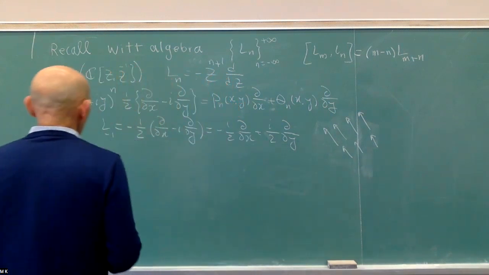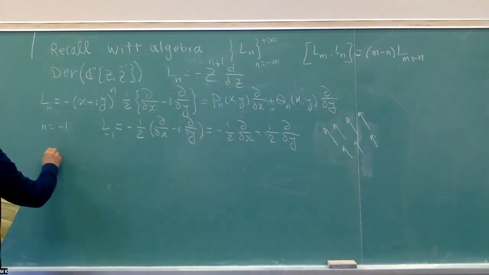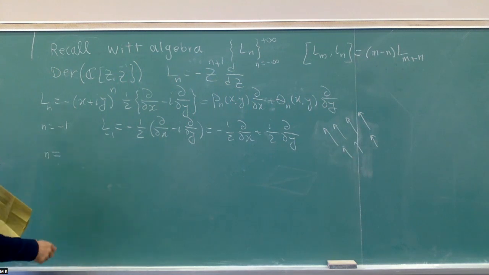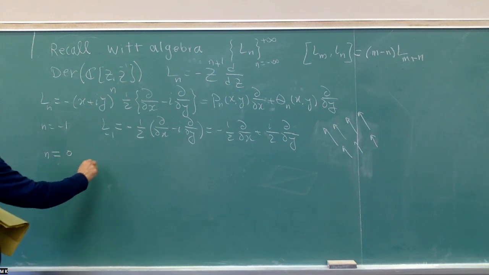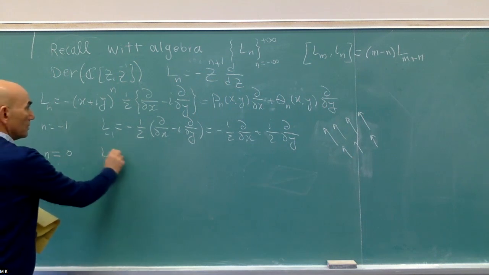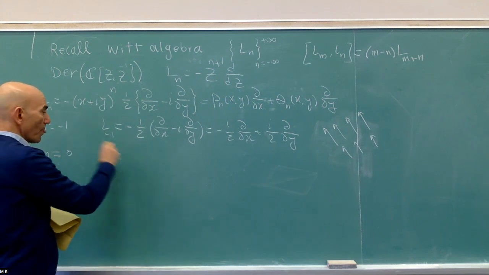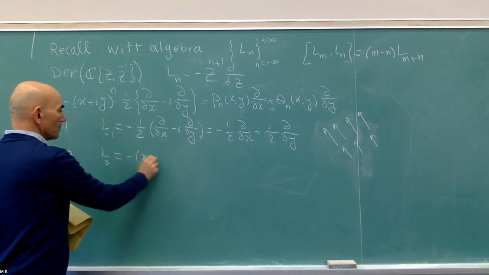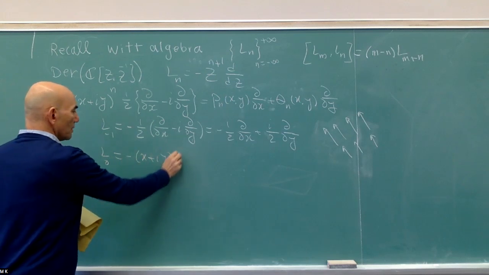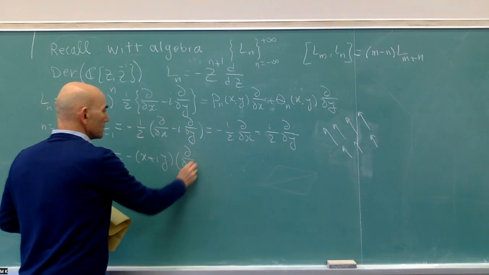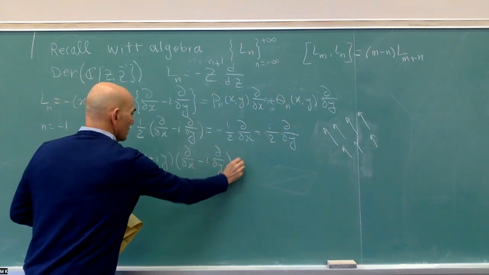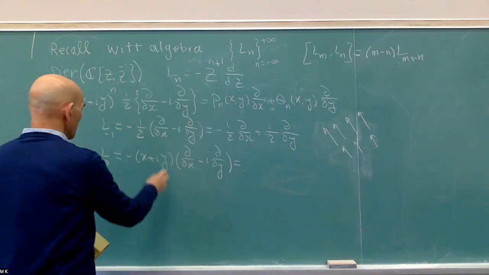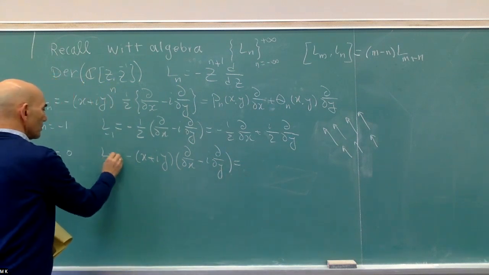Then there is maybe one more case, n equal to 0 if you want. L0 would be minus (x plus iy) times 1/2 (d/dx minus i d/dy). Let's see what we get here.